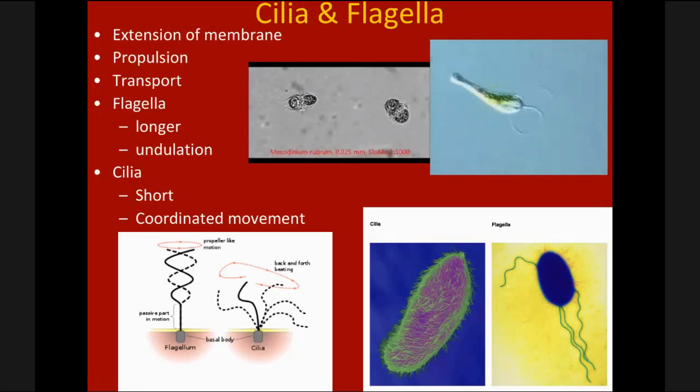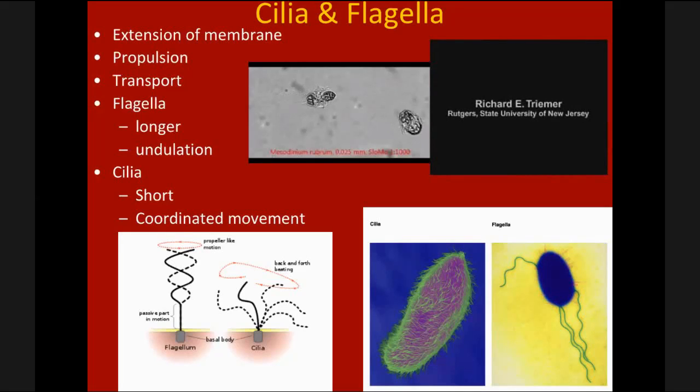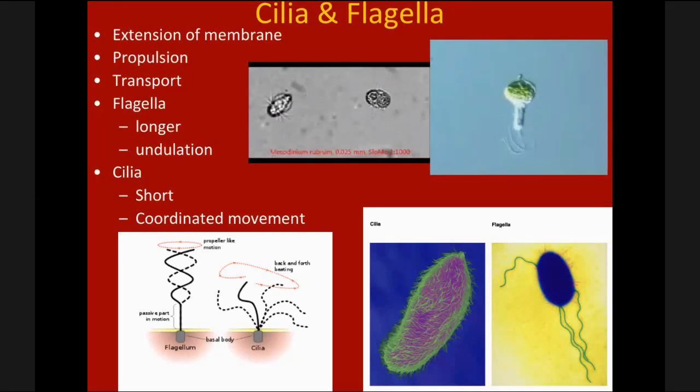So for example, in the human body, we're going to have a few areas where tubes inside of our body are going to have cells that are lined, their surfaces are lined with cilia, and those cilia can help to move and transport substances through the tube. So in your respiratory tract, you've got cilia that are constantly moving mucus-laden debris up and out of your respiratory tract to keep it from making its way into your lungs.